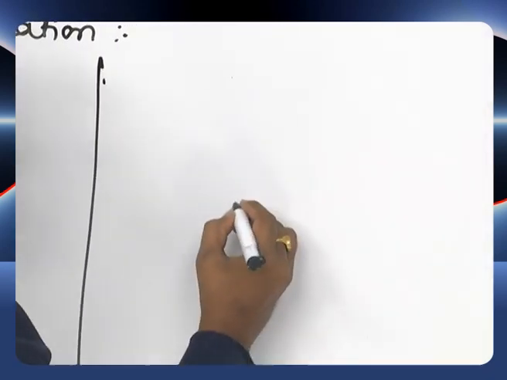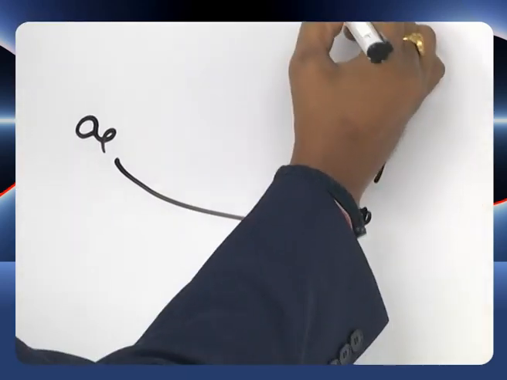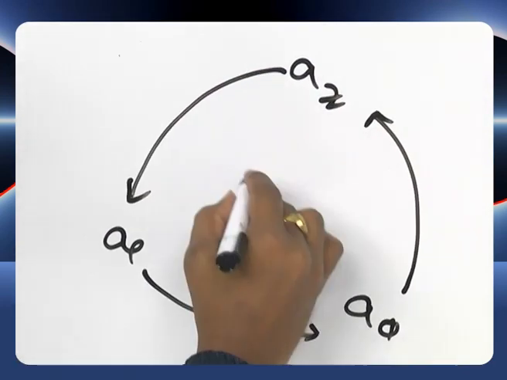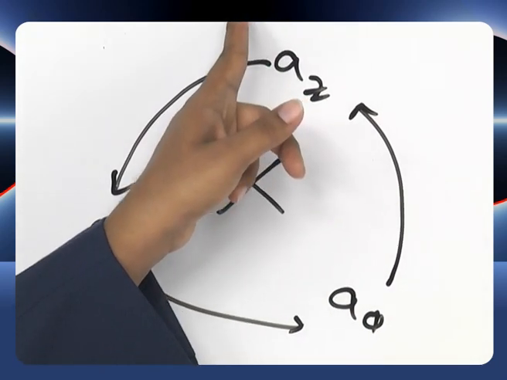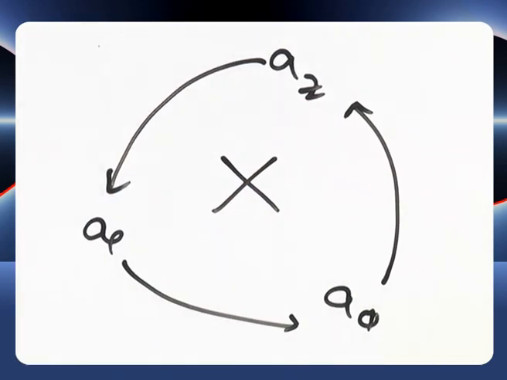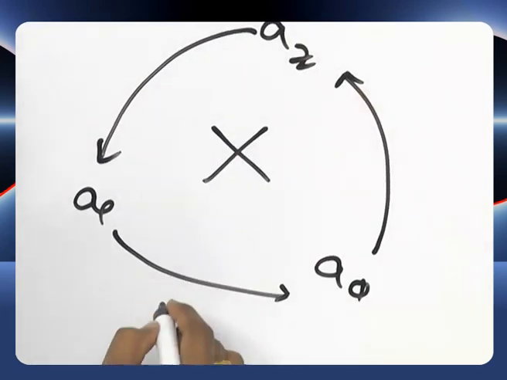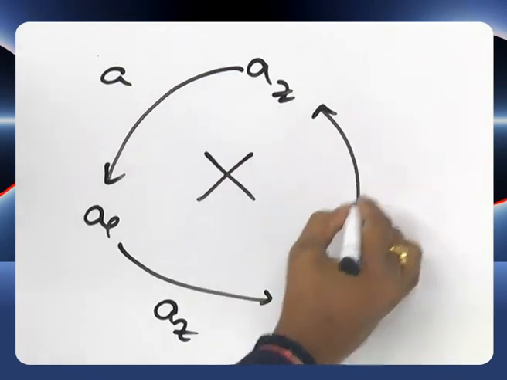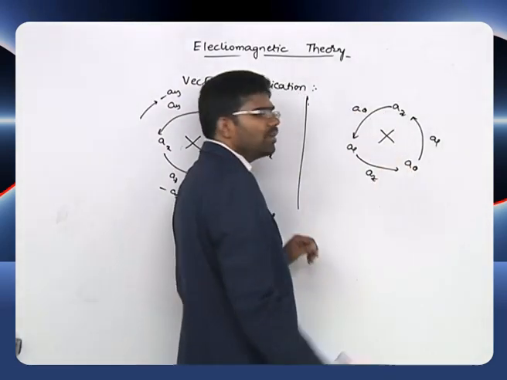In the same way, I will write the circle for the remaining two coordinate systems, that is the cylindrical coordinate system and the spherical coordinate system. Let us take the unit vectors a_rho, a_phi, a_z in our cylindrical coordinate system. If you apply the cross product between these unit vectors in the respective order, a_rho cross a_phi is equal to a_z, a_phi cross a_z is equal to a_rho, and a_z cross a_rho is equal to a_phi.